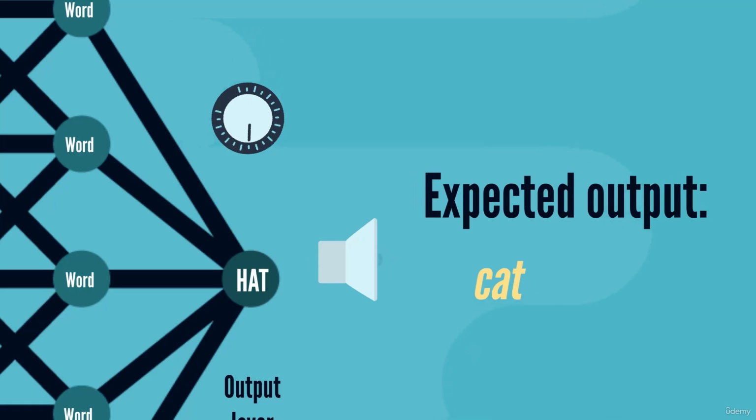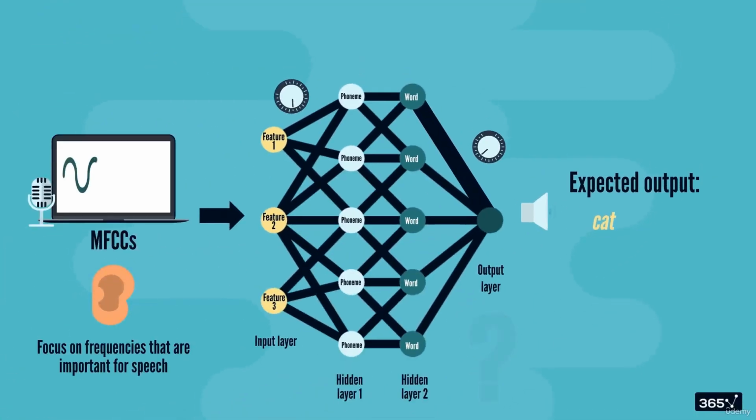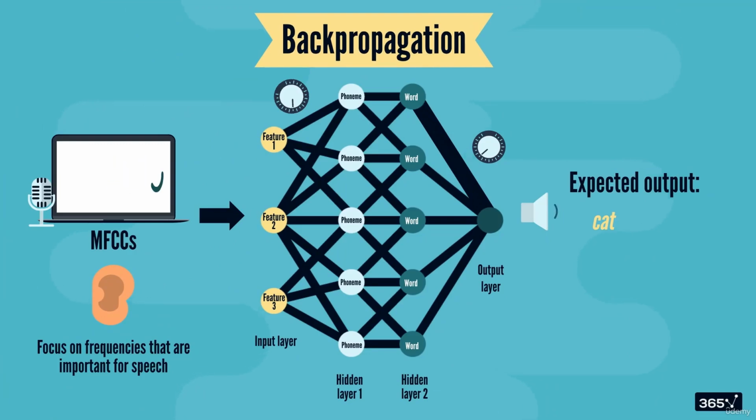When the network's prediction is wrong, the system adjusts the weights. It weakens the connections that contributed to the wrong prediction and strengthens the connections that were closer to being correct. This process of fine-tuning the weights is done through an algorithm called backpropagation, which allows the network to learn from its mistakes and improve its accuracy.